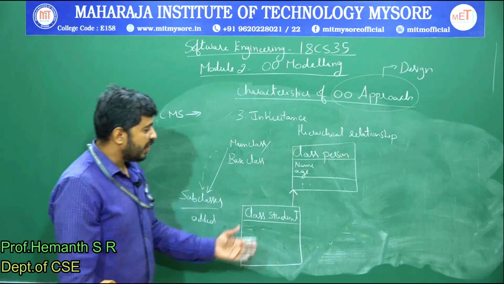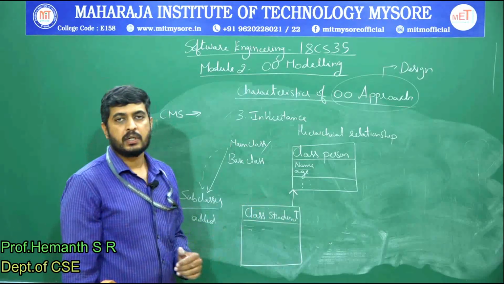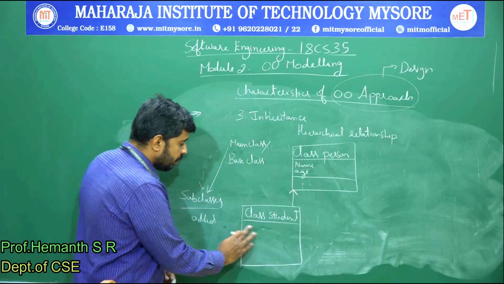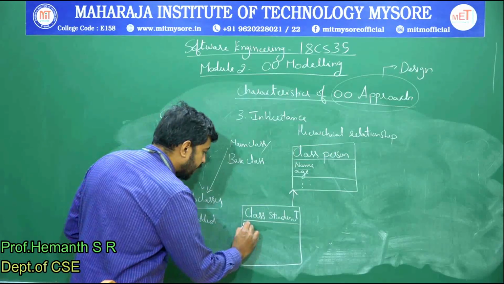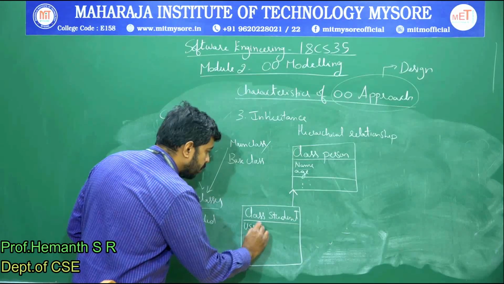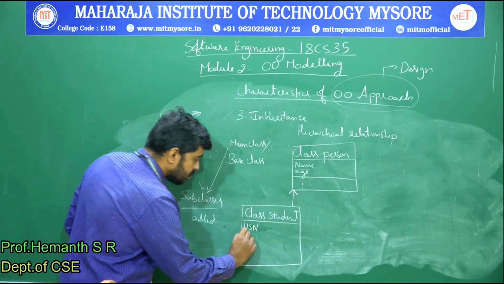What are those specific things that are unique to a student? For example, if you consider the VTU college system, we have USN for the student. Also for a student we have uniforms.